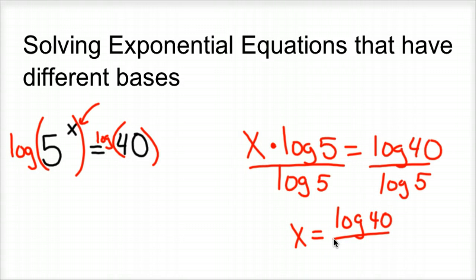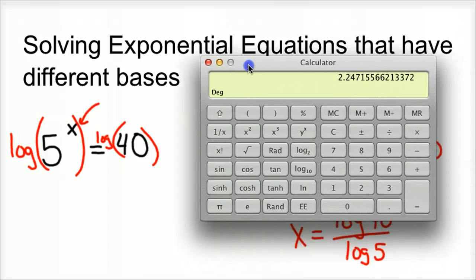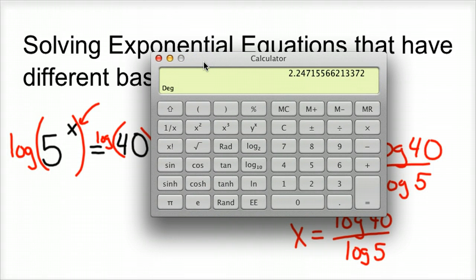At this point, you have to get out your calculator to approximate it. So log 40 divided by log 5. Let me grab a calculator here. With this calculator, you have to do it differently. You have to enter the number, then hit log. I use the common log, which is base 10.